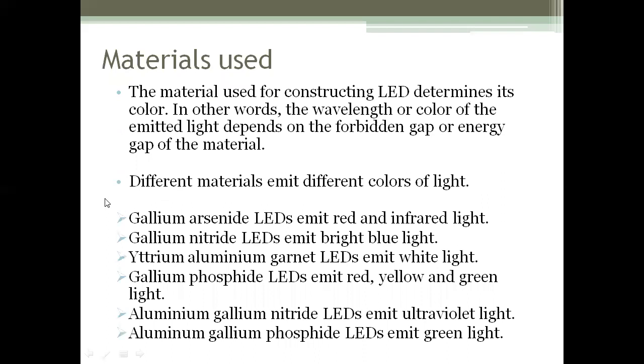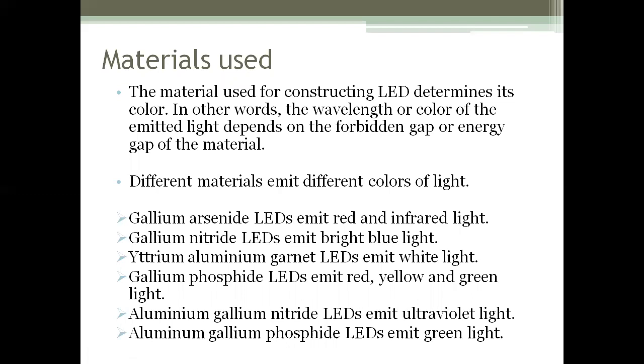Different materials are used, like gallium arsenide, which will emit red and infrared light, gallium nitride, which will emit bright blue light, yttrium aluminum garnet LEDs, which are used for white light, gallium phosphide for red, yellow, green lights, aluminum gallium nitride, which will emit ultraviolet light, and aluminum gallium phosphide, which will emit green lights.